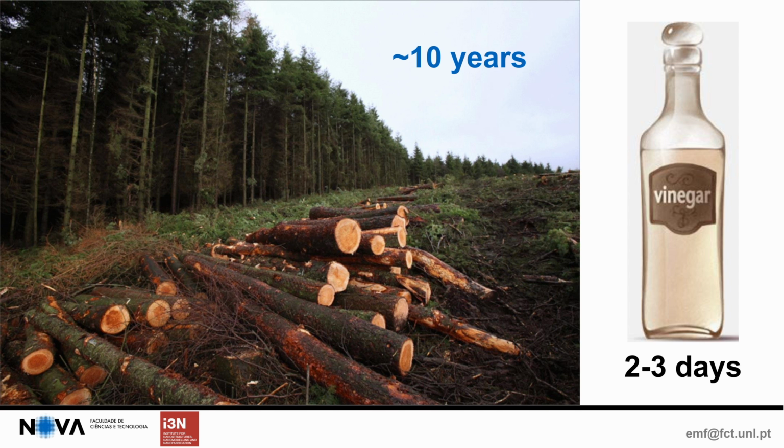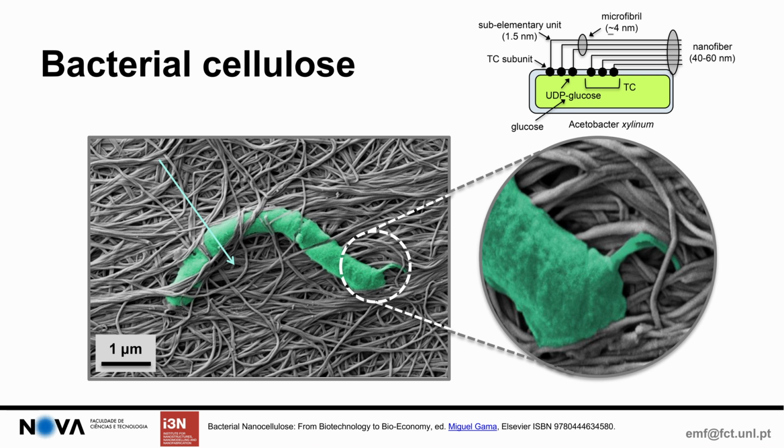But also as an alternative, if we have a specific culture of vinegar that has some bacteria inside, we are able to produce cellulose, in that case nanocellulose, produced by the acetobacter. So here in this image on your left, we have a scanning electron image with a bacteria, this green microorganism, and these bacteria work like a nano extruder.